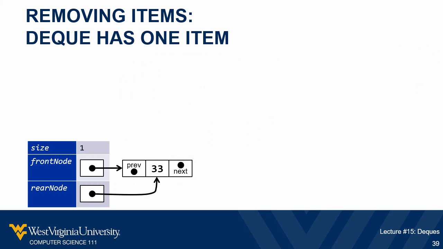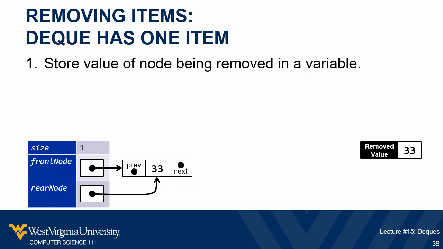The process of removing things from our deck is going to depend on how many items are already in the deck and if we're removing from the front or the rear. The simplest case is going to be if we're removing from a deck that has only one item. Here, the existing item is both the front and the rear. What we're going to do is store the value of the node that we're removing in a temporary variable. So you can see we've stored the value 33 in that temporary variable there.